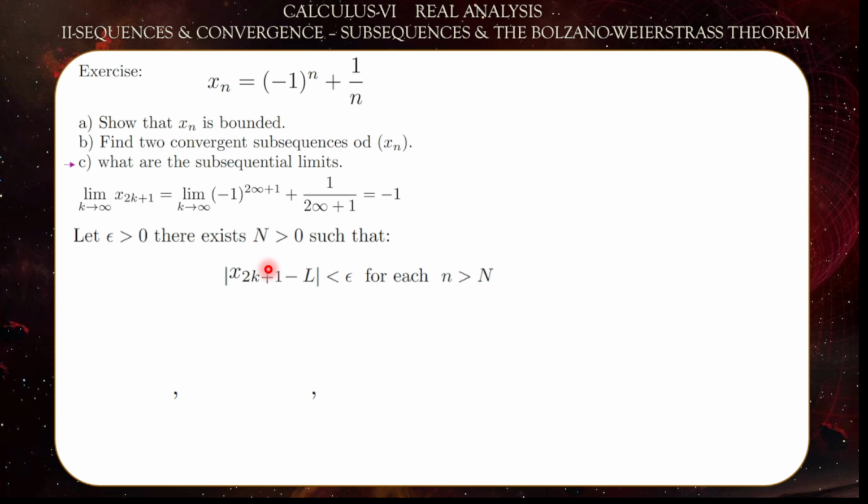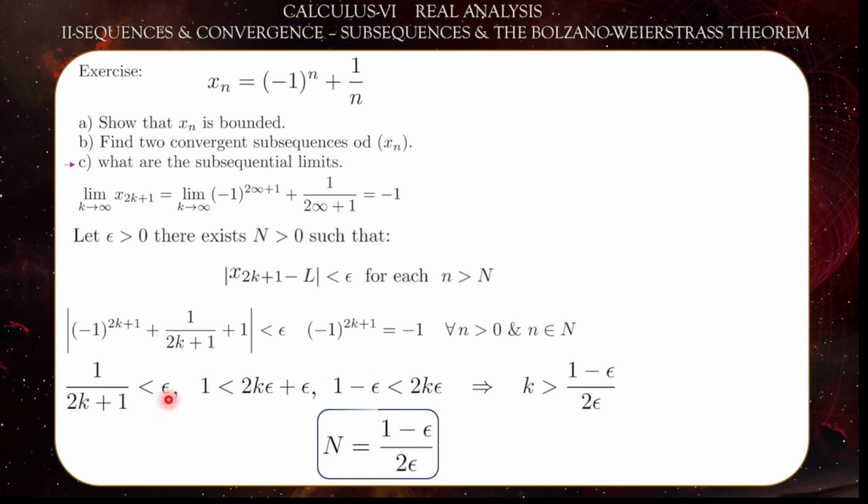There exists capital N greater than 0 such that the absolute value of x_{2k+1} minus L, the limit happening to be minus 1, is less than epsilon for each n greater than capital N. So (-1)^(2k+1) + 1/(2k+1) + 1, because minus minus is plus, is less than epsilon. And you know that (-1)^(2k+1) is equal to minus 1 in such case, for all values of n strictly greater than 0 and n belonging to the natural numbers.